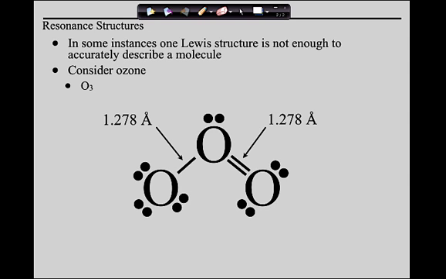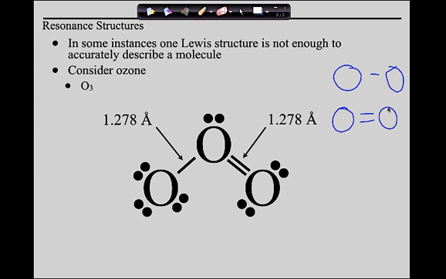It turns out that when you use X-ray crystallography to measure the bond lengths in ozone, the bonds are exactly the same length. But here's the thing that's interesting and troubling. Guys, this bond length, 1.278 angstroms, actually sits between the length of an oxygen-oxygen single bond and the length of an oxygen-oxygen double bond.